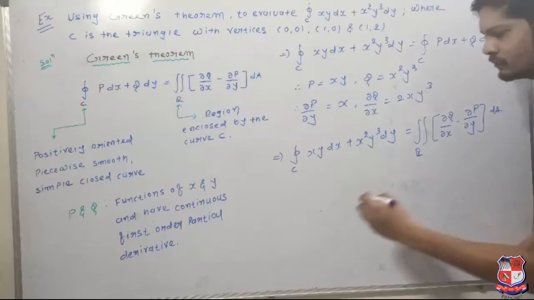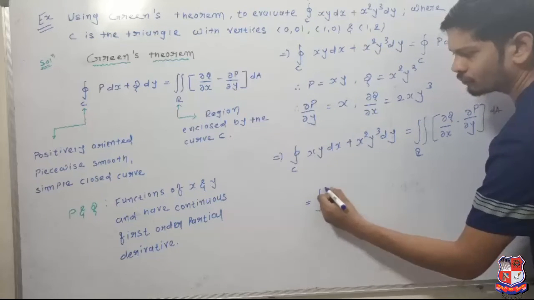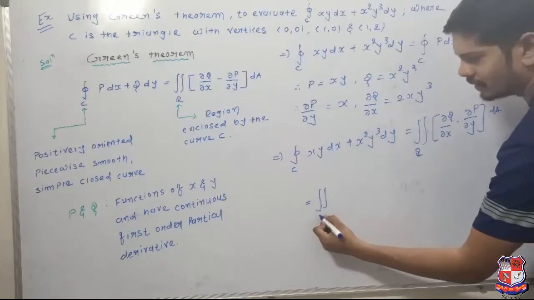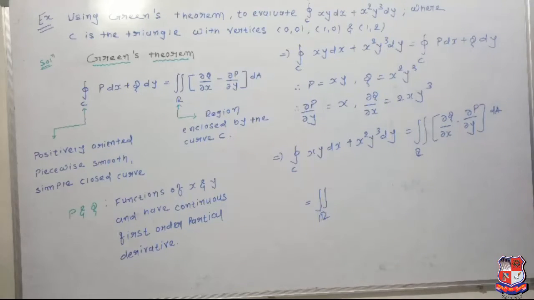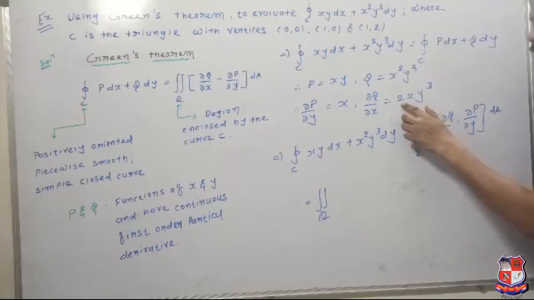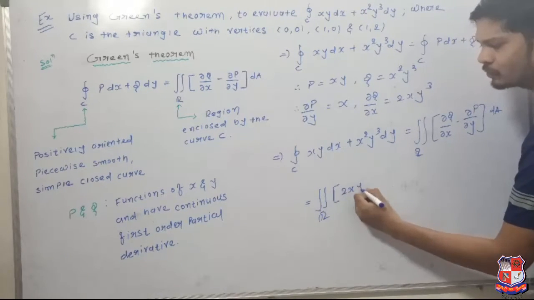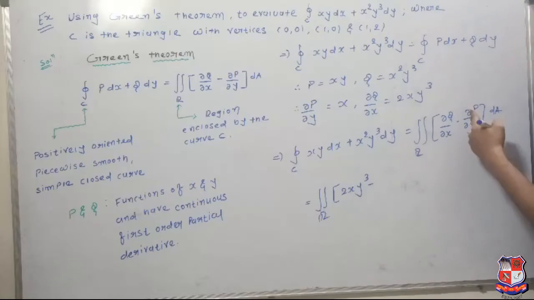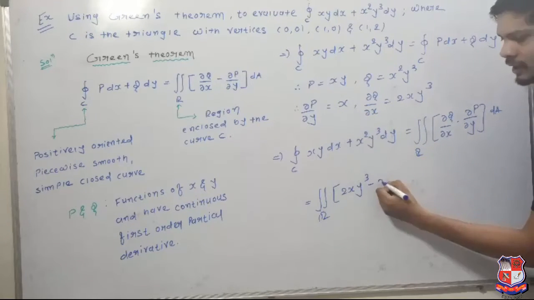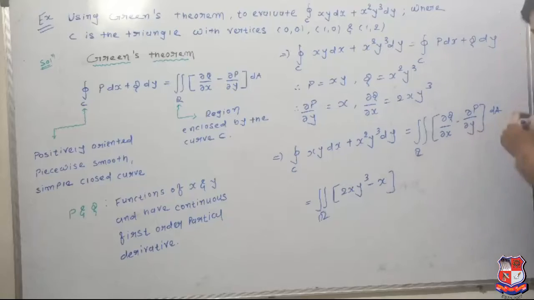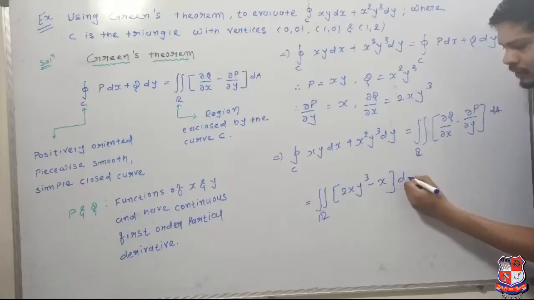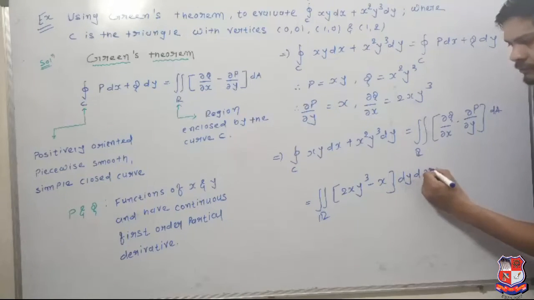So let me start. It is equal to the integral over the region R of del Q by del x, which is 2xy cube, minus del P by del y, which is x, dA. Let me use dy dx.